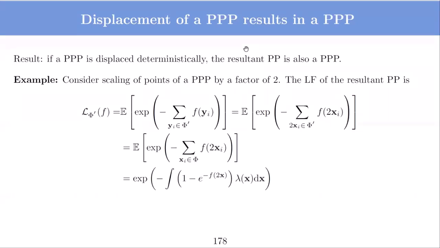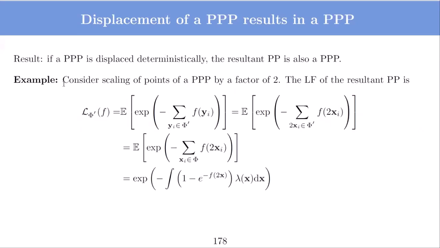So if a PPP is displaced deterministically, I'll cover that result first: the resultant process is also a PPP. Later I will show that even a random displacement which is independent gives a PPP.